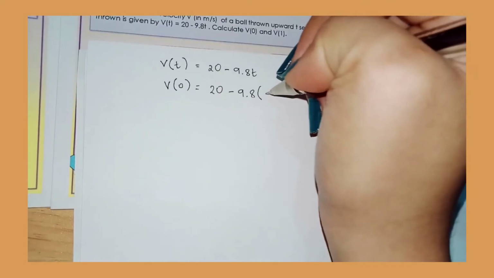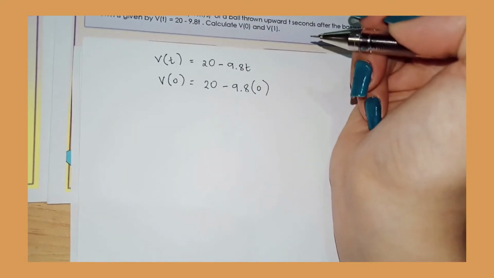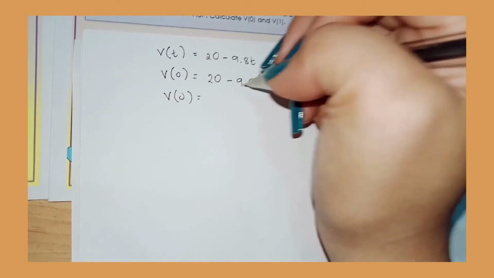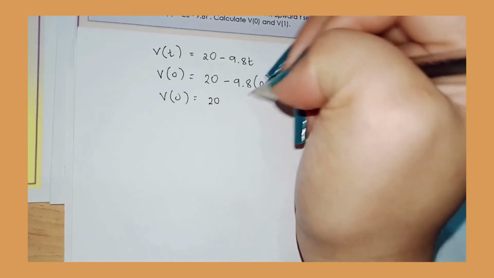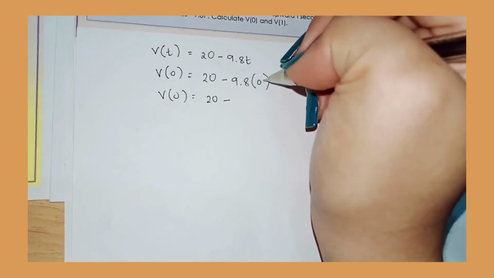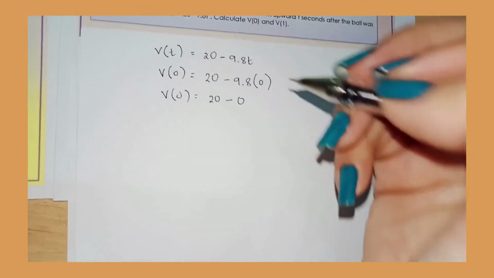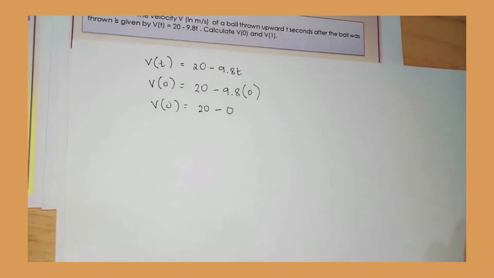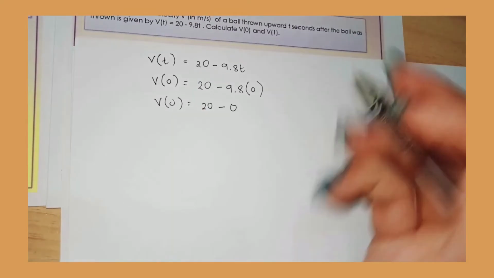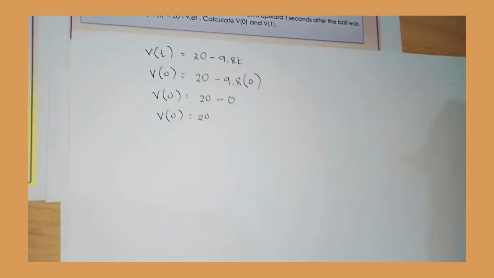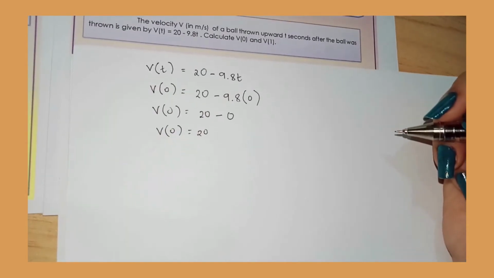Yung t, papalitan ko ng 0. Next thing to do, simplify. Copy 20, and then minus 9.8 multiplied to 0, that will be 0. Kasi any number multiplied to 0 is 0. Next, 20 minus 0, the answer is 20. So that will be your v of 0.